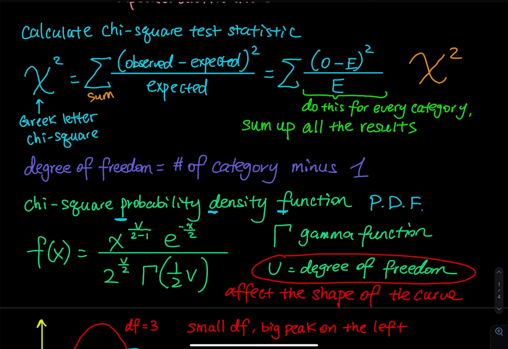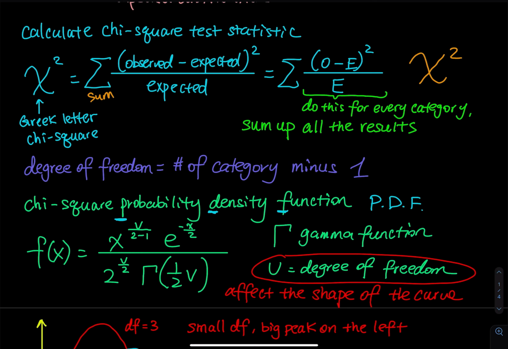For the normal distribution and the t distribution, do you still remember the probability density function? You don't, right? Every time I mention normal distribution, all you know is a bell curve, and that is good enough. For chi-square, don't worry about memorizing the PDF. We have a gamma function, and V is the degree of freedom, and this function has a graph. The shape of the graph is determined by the degree of freedom, so the degree of freedom affects the shape of the curve.